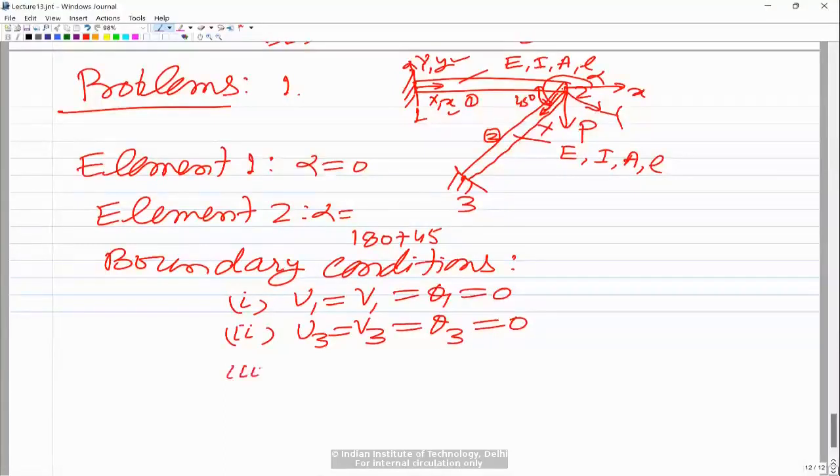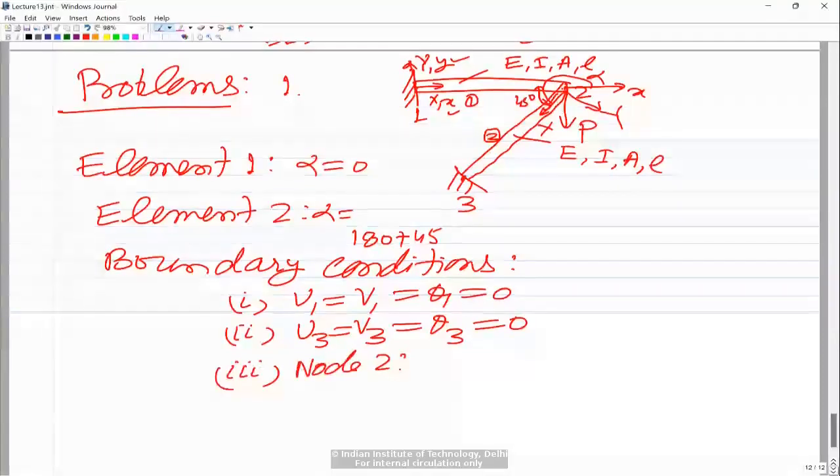And if you look at node number 2, qx and qy are 0 for both the elements. There are no distributed forces applied, and at node 2, the common node, there is no externally applied force along the x direction.